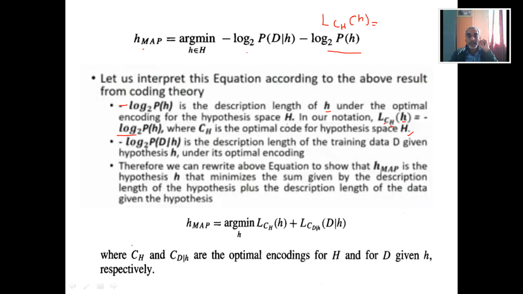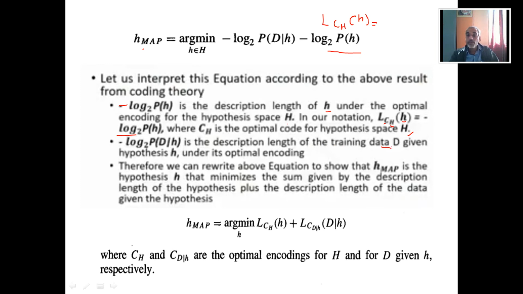Now let us come to the other term. So minus log of P of D given H for the data set. Now we can say that minus log 2 P of D given H is the description length of training data D, right? So now we have got training data.